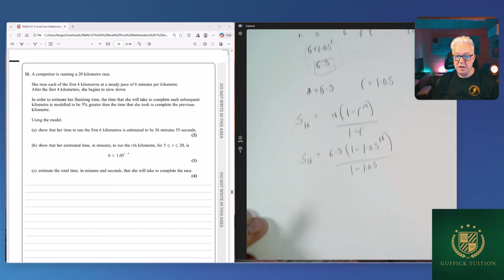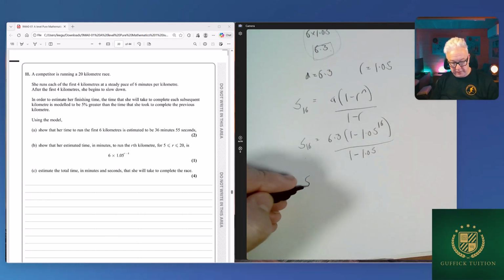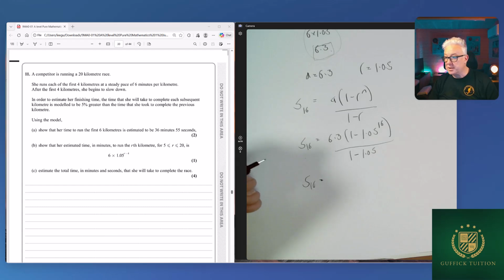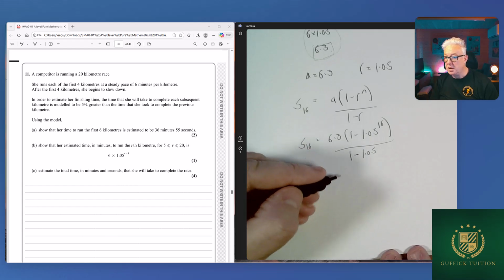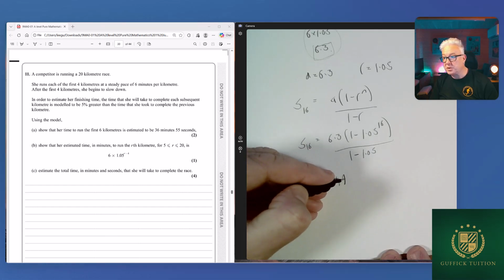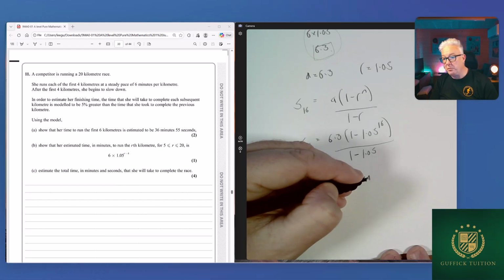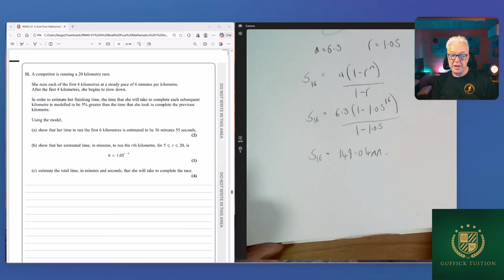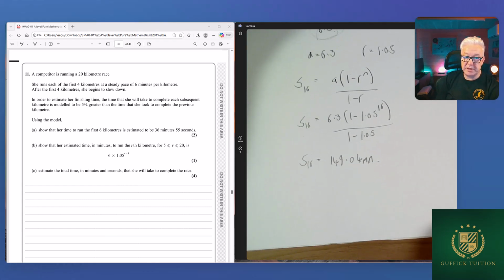When we work that out, the sum of the first 16 terms is 149.04 minutes. So that's how long it took her to run 16K.